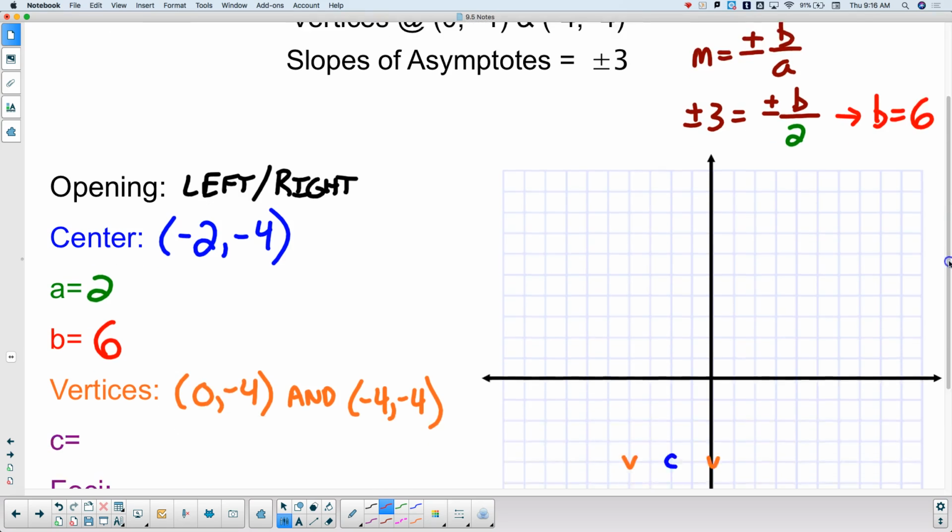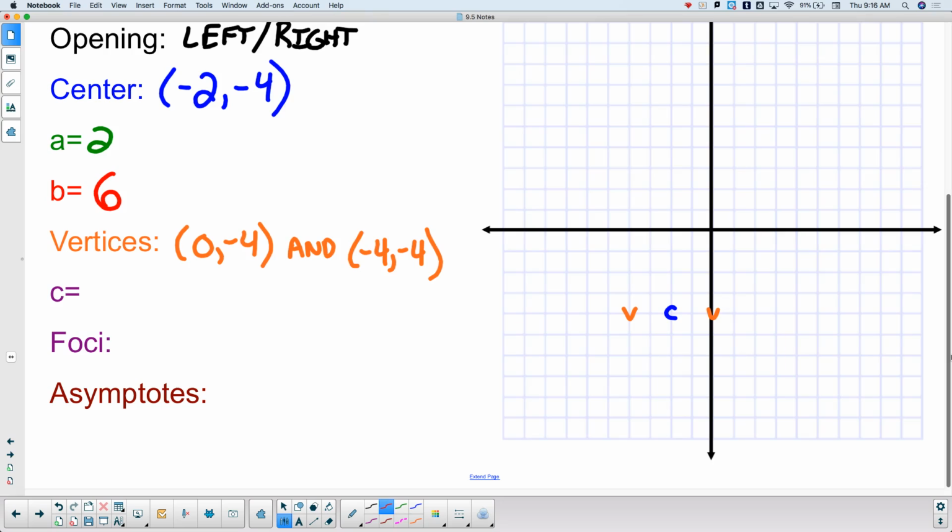Graphically, this is how we can do it. We know that the side of the box is along those two lines. Right? Okay? So the slope is 3. That's 3 over 1, correct? So up 3, 1, 2, 3, right 1.